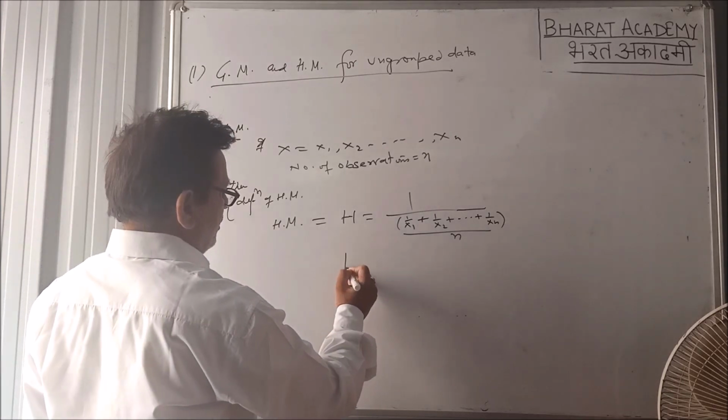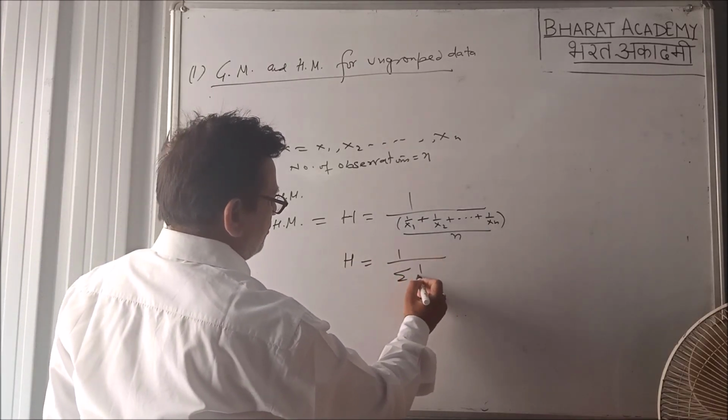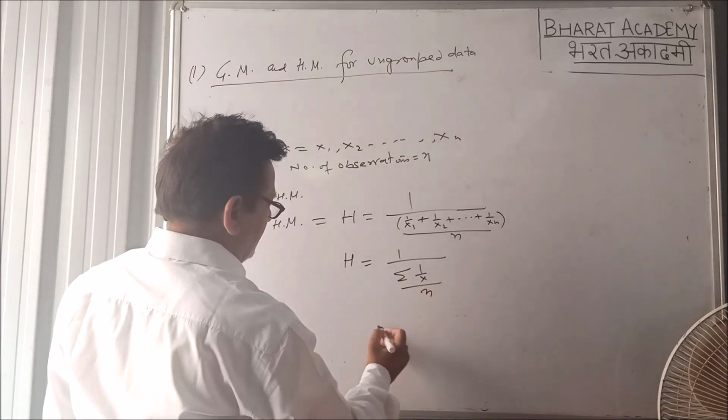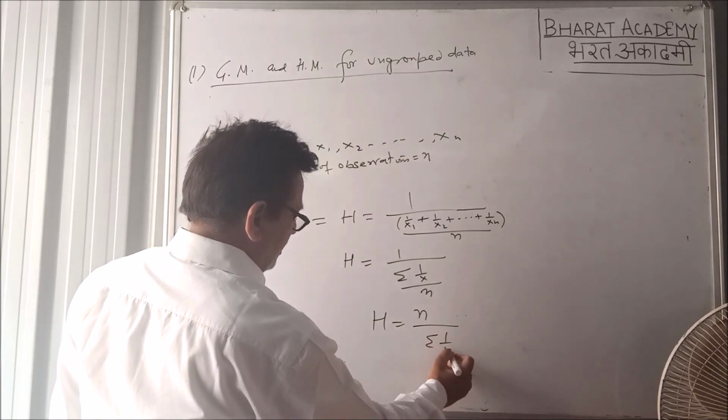This whole series can be written as 1 upon summation 1 upon x upon n. H will be n upon summation 1 upon x.